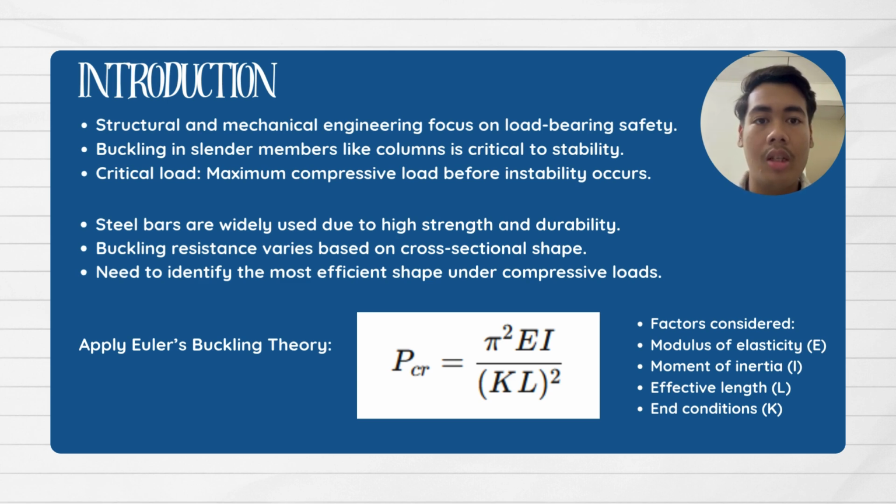The end condition differs: for pin ends, K equals 1; fixed and free end, K equals 2; fixed ends, K equals 0.5; and pin and fixed end, K equals 0.7. That's all for me.